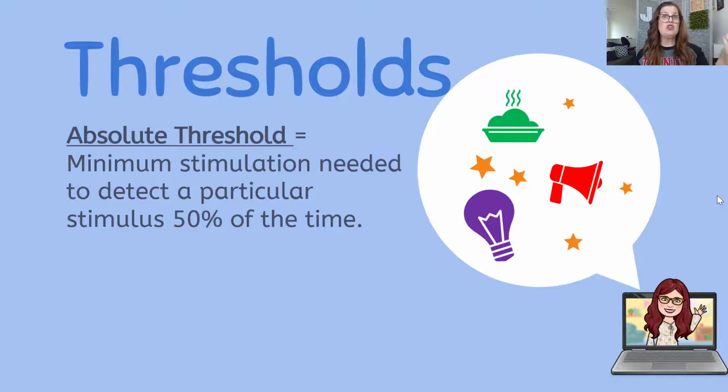When you smell something, when you hear something, then that becomes your threshold. That's the moment in time where you can interpret that sound, that sight. That is your absolute threshold. The minimum stimulation needed to detect a particular stimulus 50% of the time.